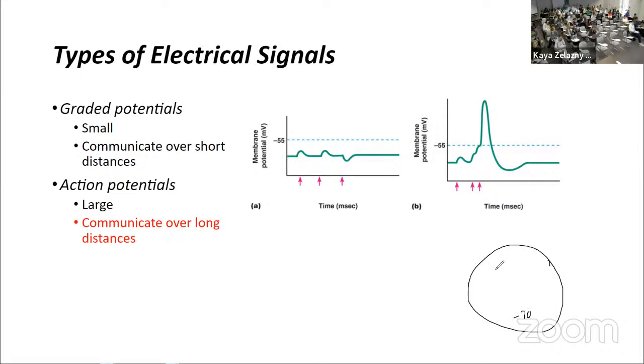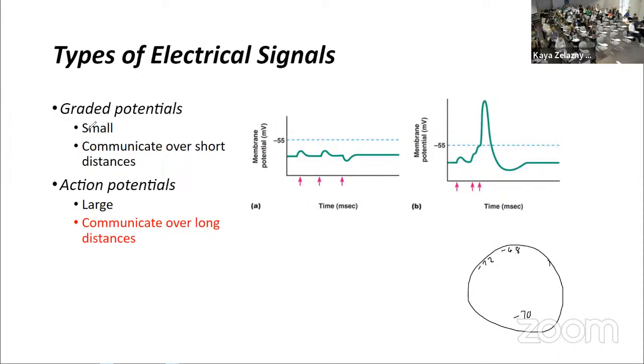We can even have slight differences in charge in different parts of the cell. So if our whole cell is at -70, maybe right here we're at -72, and right here we're at -68, things like that. So really, really tiny locations might not all be identically at -70 under certain circumstances.